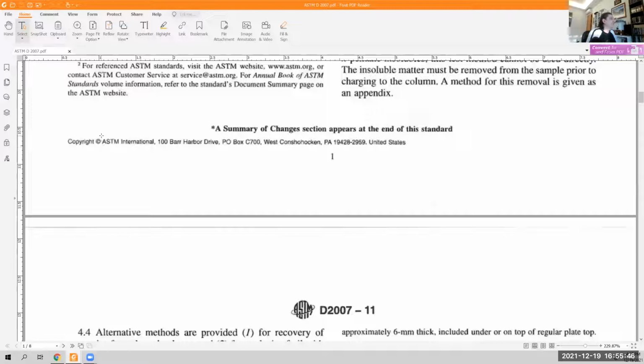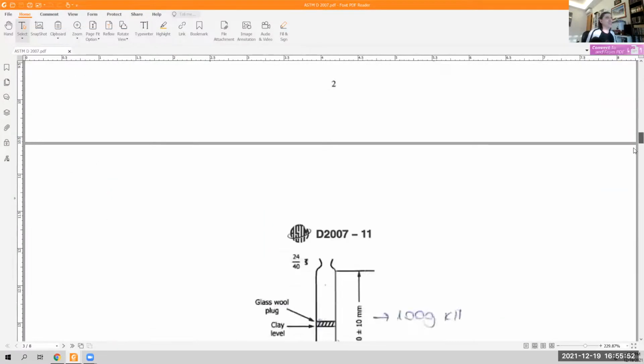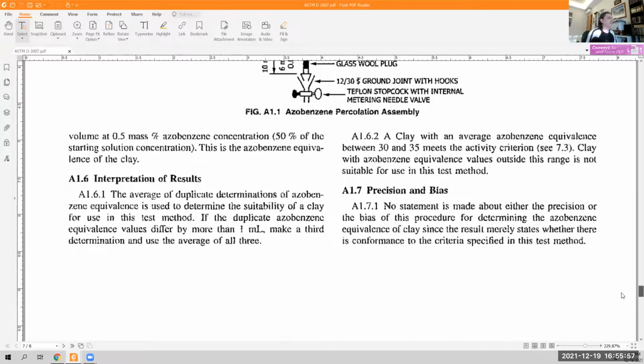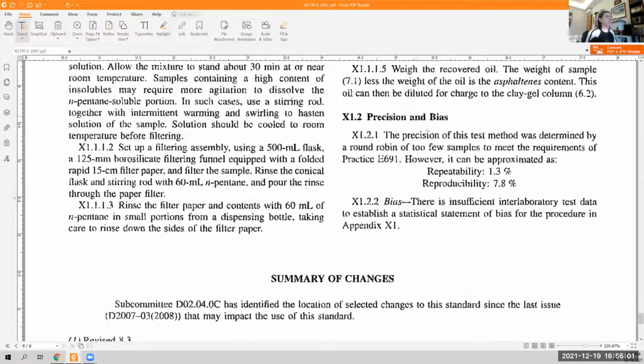For those who are interested, ASTM International, you may Google it and see what this is. At the end of the experimental procedure, it says something about precision and bias. The precision of this test method was blah, blah, blah, and it can be approximated as repeatability is 1.3%.